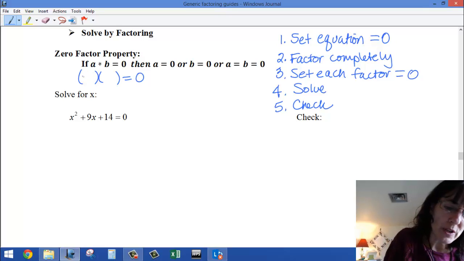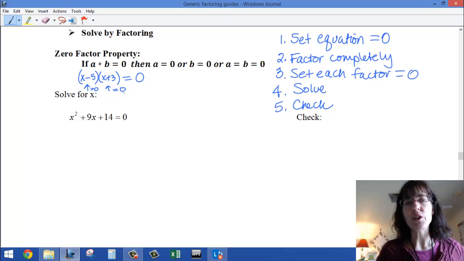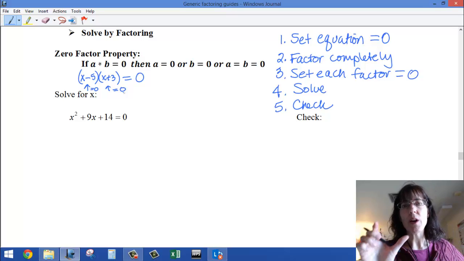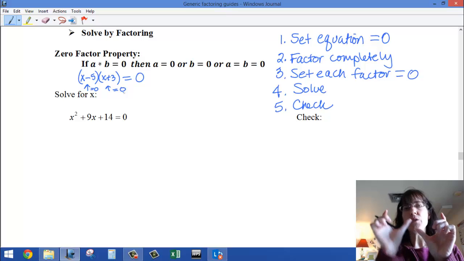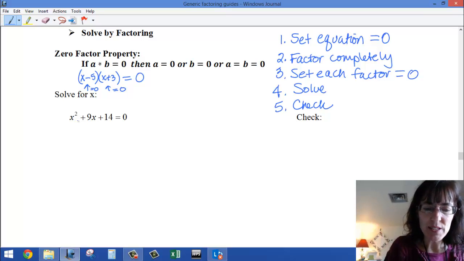But what we're looking at is going to be stuff like this: x minus 5, x plus 3. So either this has to be 0 or this has to be 0. And that's how we apply that property. When you have two things being multiplied, either this one's 0 or this one's 0. That's all you have.